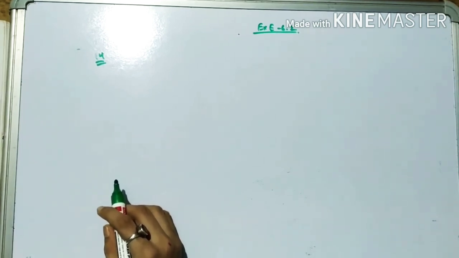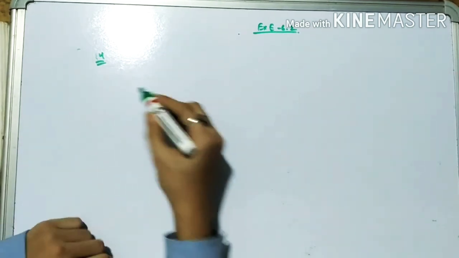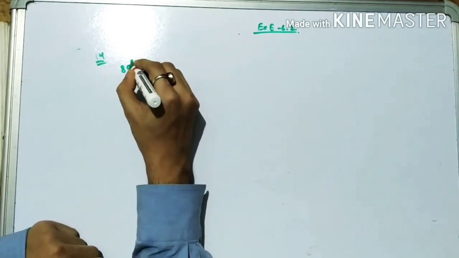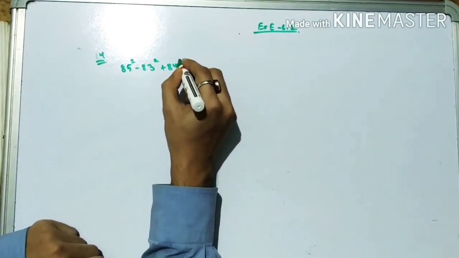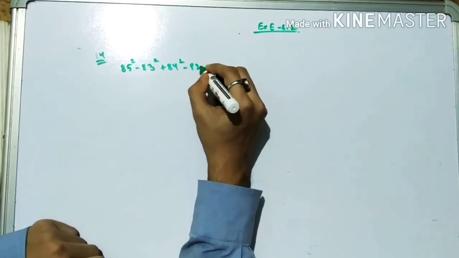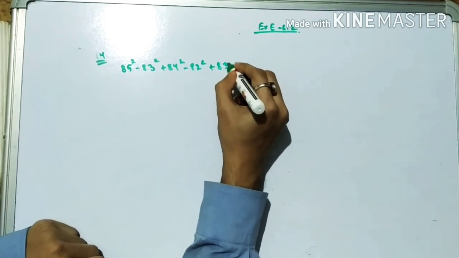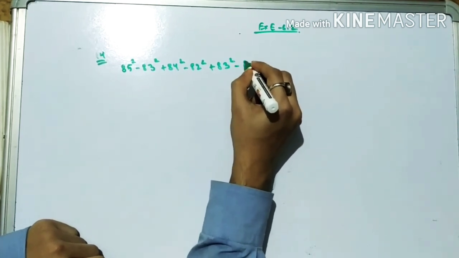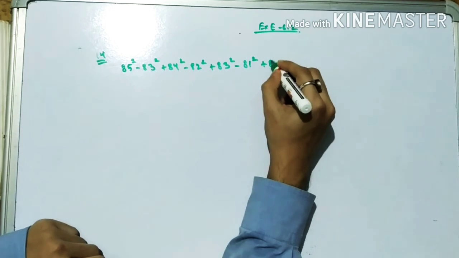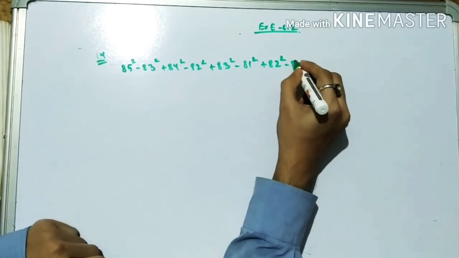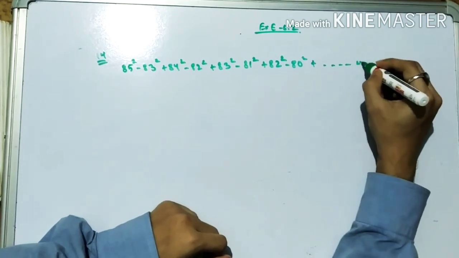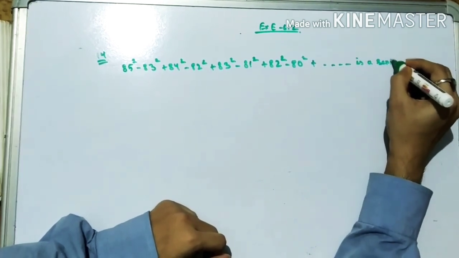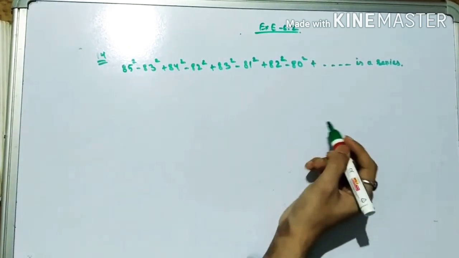The question is 85 square minus 83 square plus 84 square minus 82 square plus 83 square minus 81 square plus 82 square minus 80 square plus dot, a series.